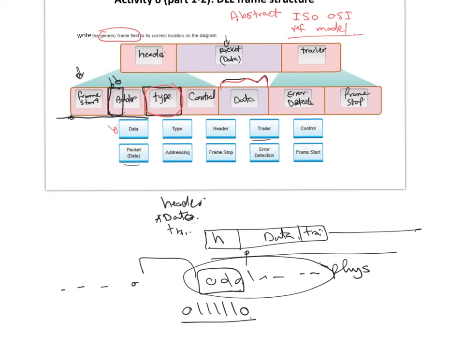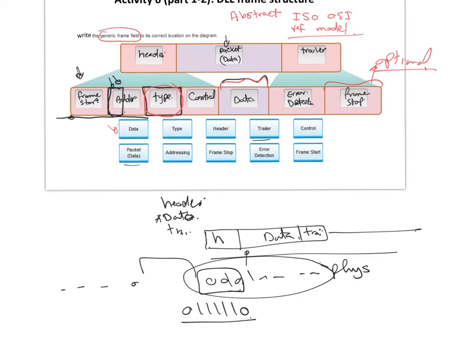Okay? Now, the frame stop, like the frame start, is used to indicate that this is the end of the frame. As we will see later, this frame stop is in fact optional. Some standards ignore it. They don't actually use frame stop, and we'll talk about why.